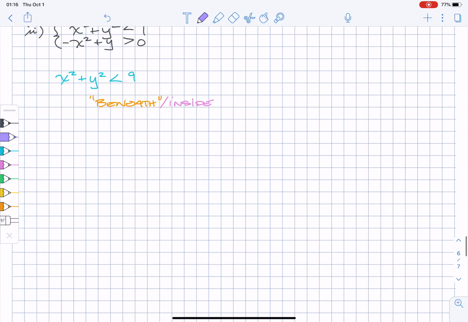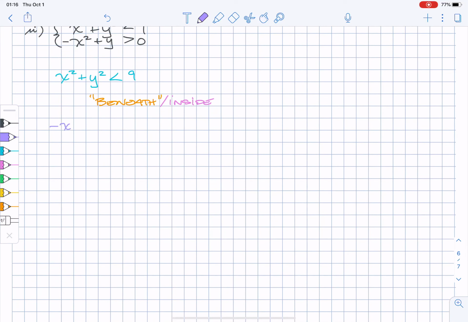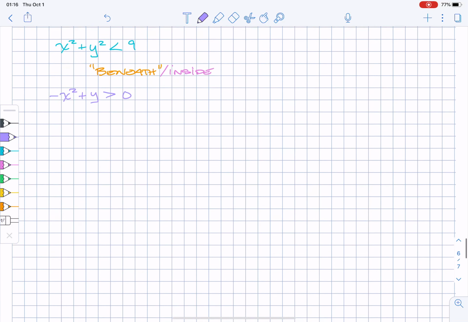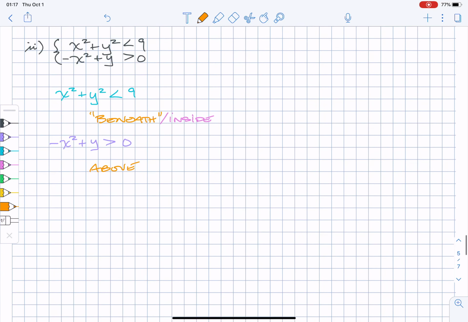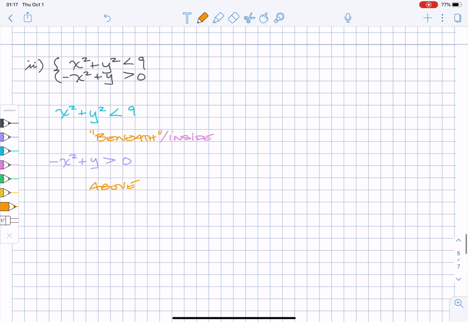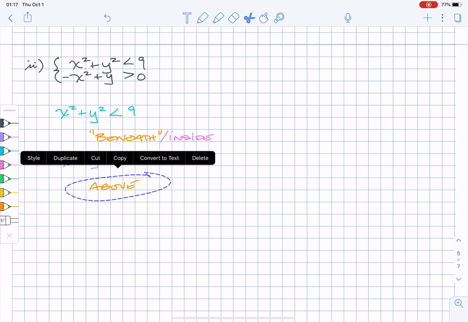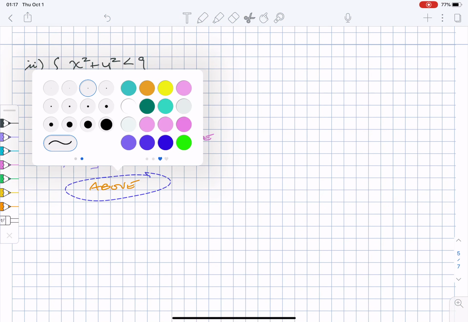Okay, let's look at the other equation, which is negative x squared plus y is strictly greater than 0. That's also dashed, but in particular, this is going to be above, and also dashed. Actually, let me put that in yellow to be consistent.